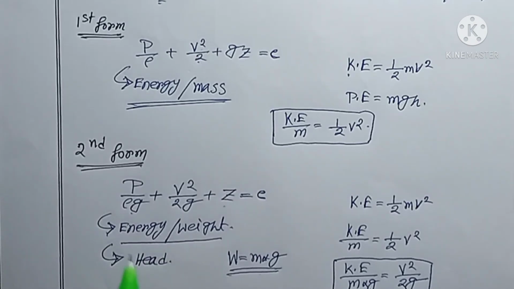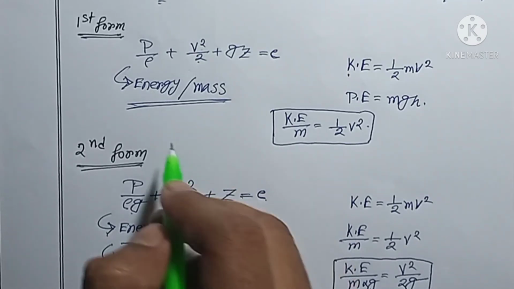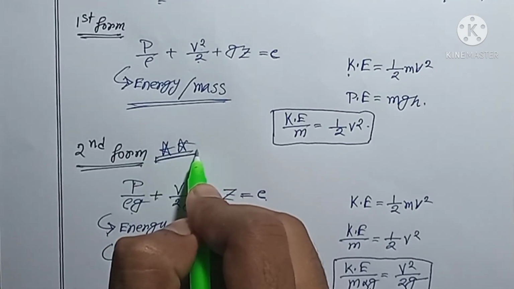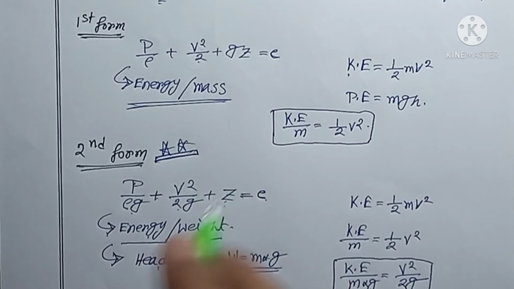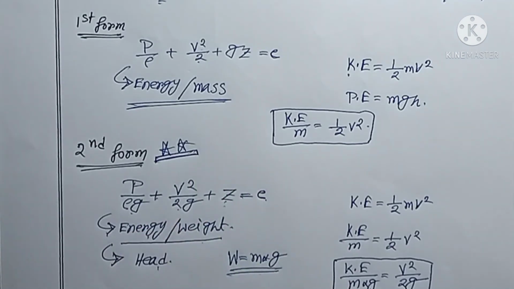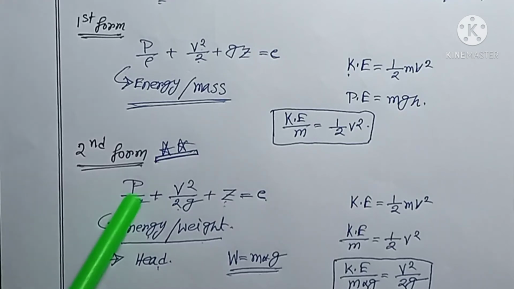So we can write this form, p by rho g plus v square by 2g plus z is equal to constant, written as energy per unit weight or in the form of head. This is the most important form, and most of the time we use it in all applications of fluid mechanics.